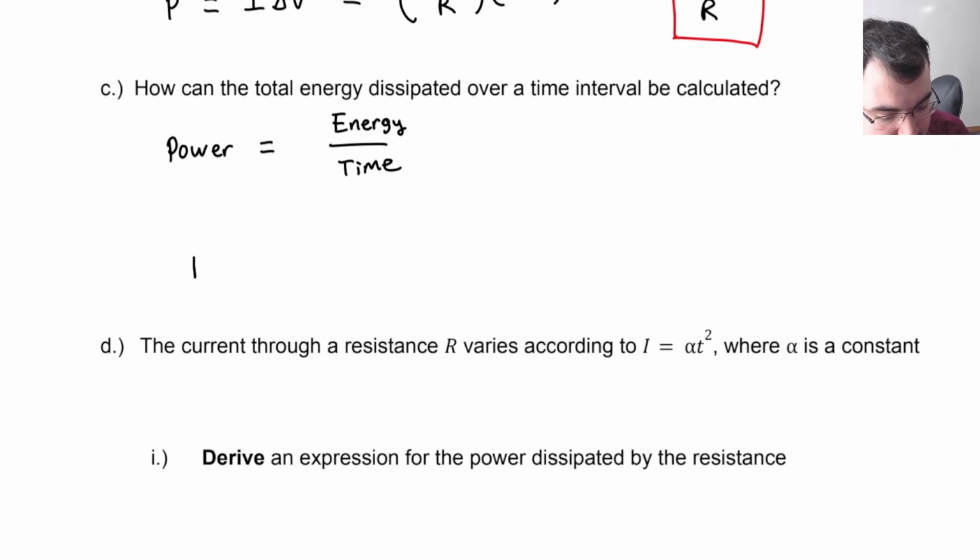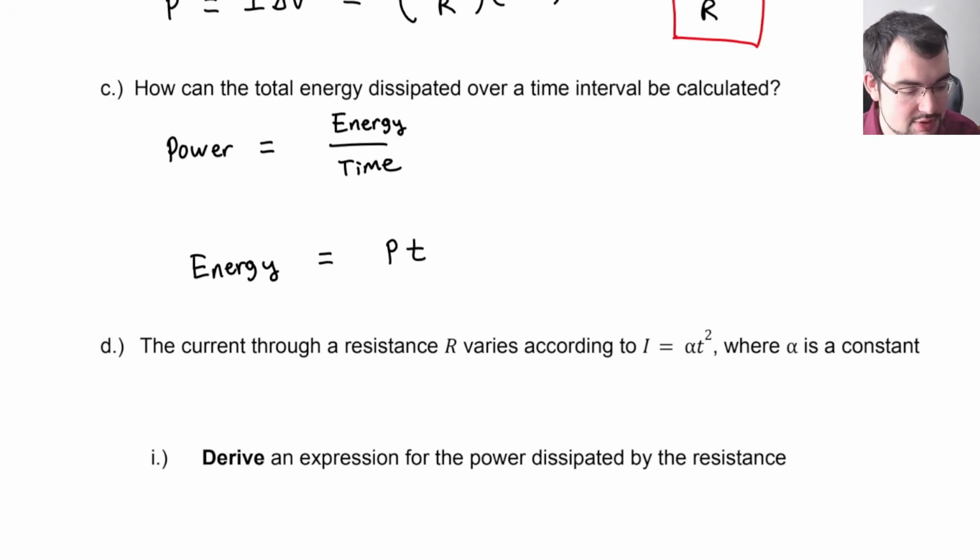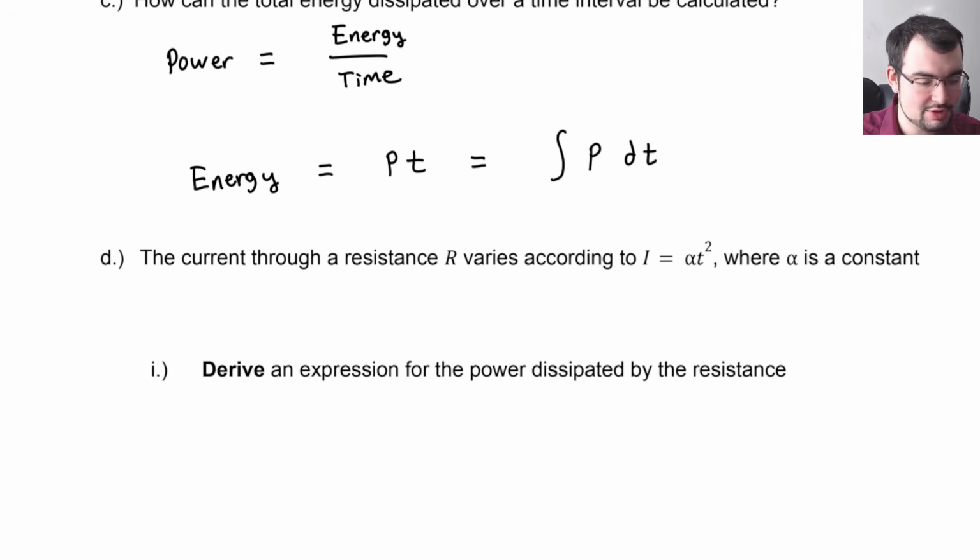So this means energy would be equal to power times time if we have constant power, which we do in a lot of simple circuits, but we also deal with a lot of time varying circuits. So instead we have to find the energy change by taking the amount of energy dissipated at a moment times a small moment in time, and then we add all those up. So usually we're going to be using this integral definition of power.